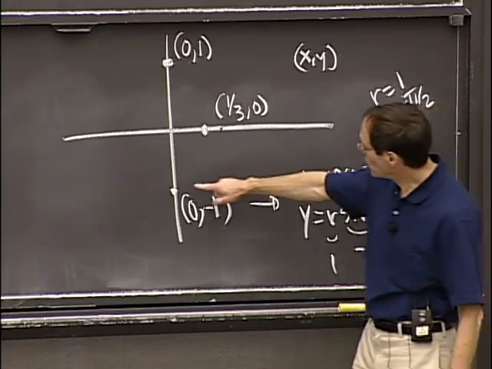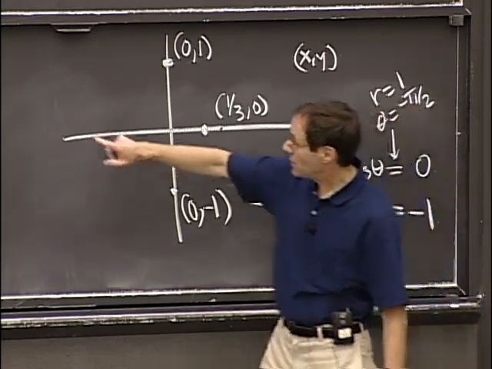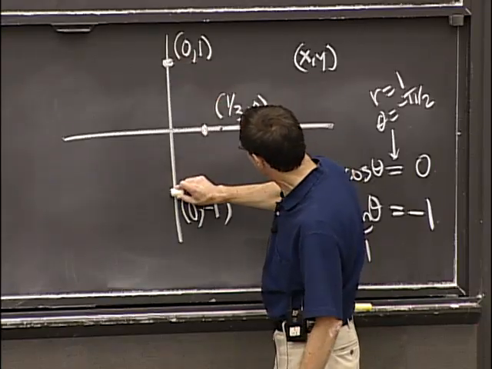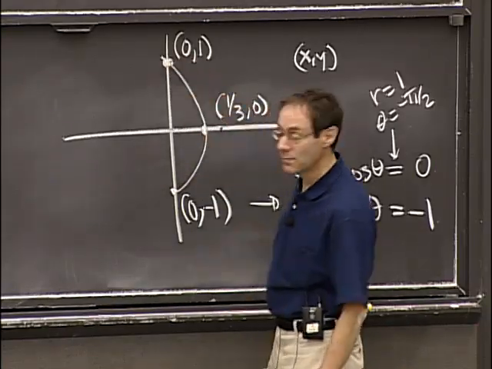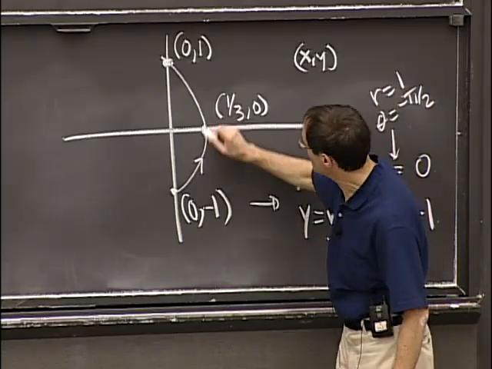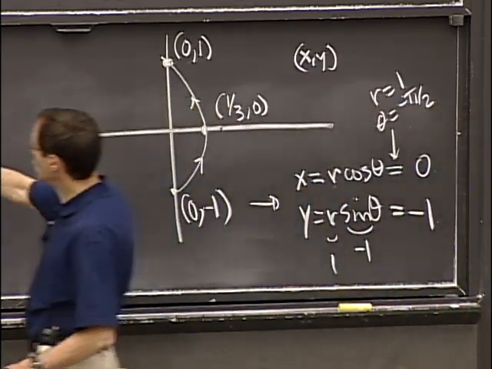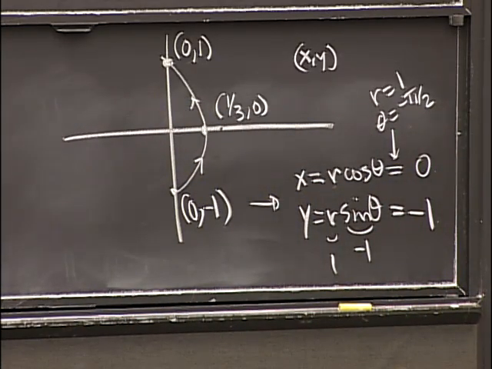Now in between, the denominator is positive, and it's something in between. It's going to sweep around something like this. That's what happens in between as theta increases from minus pi over 2 to pi over 2. And now something interesting happens with this particular function, which is that we notice that the denominator is 0 at a certain place.